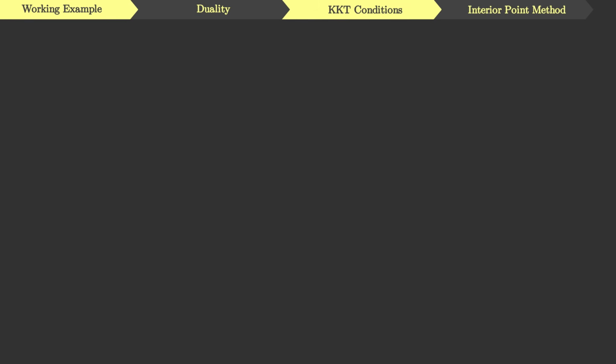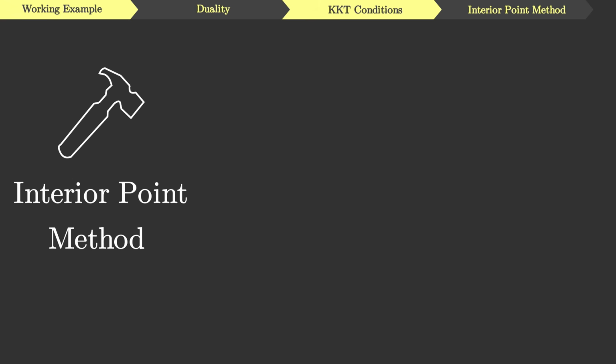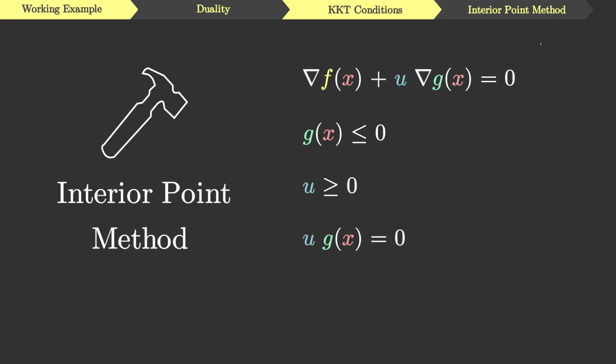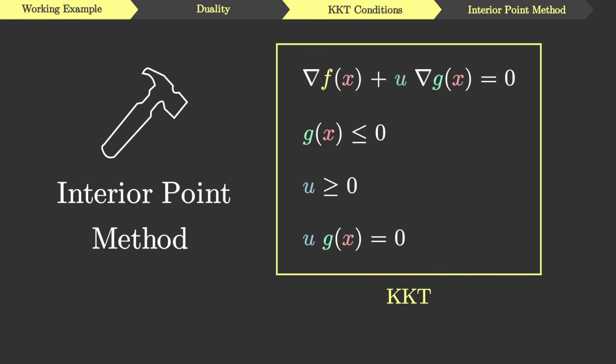As I said earlier, you can view the interior point method as a way to solve the KKT conditions. There are two big insights or solution techniques behind the interior point method, and these techniques are actually useful for a lot of other problems in mathematics beyond just optimization.